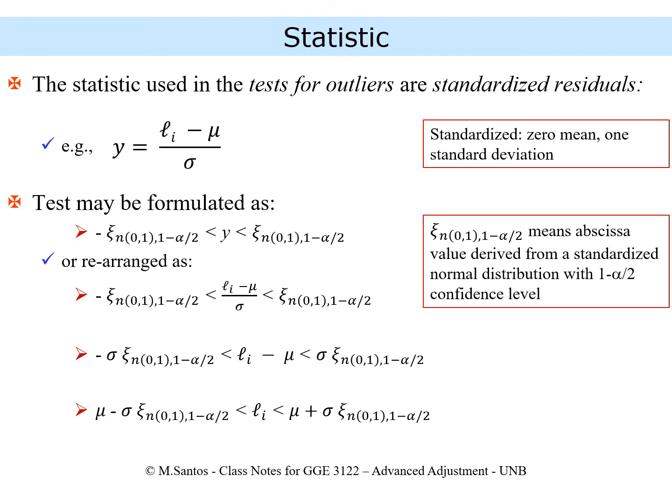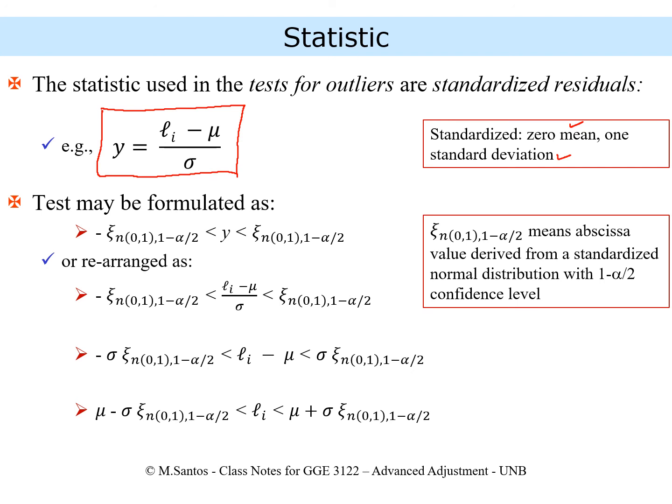So by definition, the statistic in the test for outliers is given by the ratio between the difference between each observation and the population mean by the population standard deviation. If it's standardized, it is zero mean, unit standard deviation, if we're dealing with the standardized normal distribution.